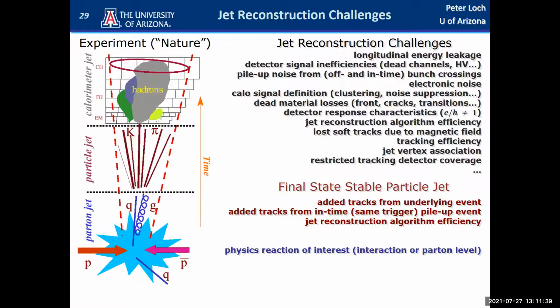If you remember our collision diagram, where we went from the hard interaction through the parton shower, through fragmentation, to hadronization, then at this level already in nature, whatever tracks come out of this process, there will be tracks added from the underlying event, which we have to think a little bit about.